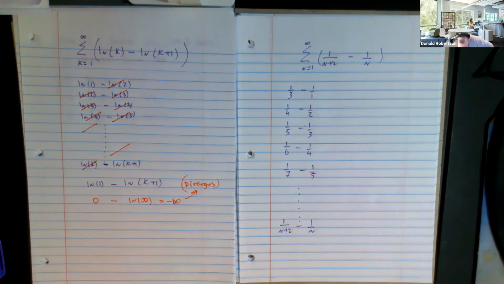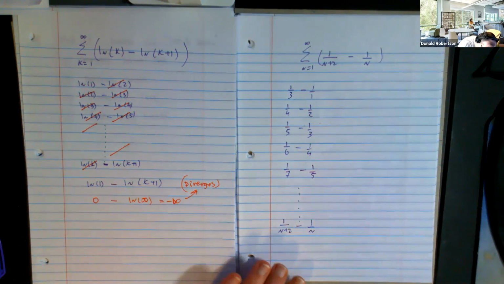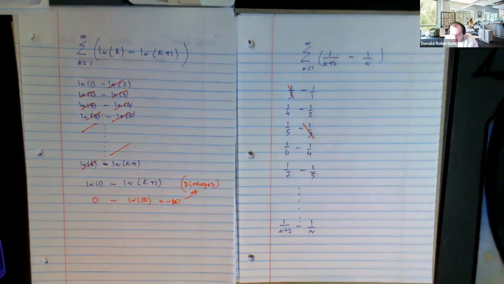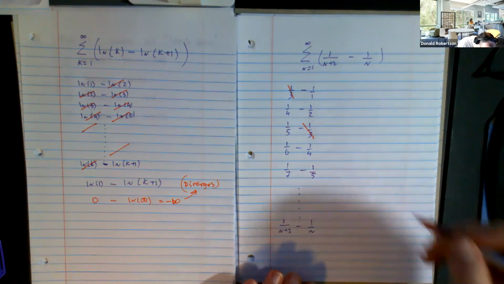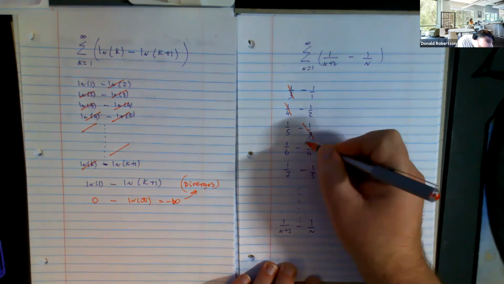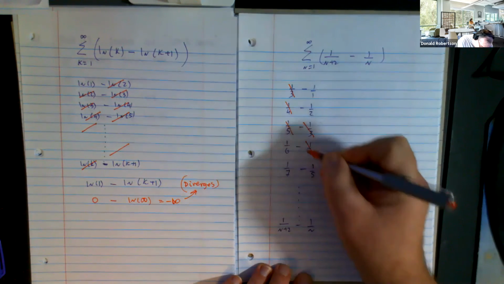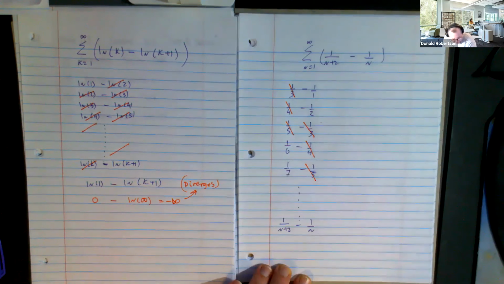Okay, let's see who gets killed. Won't that 1/3 later on get killed by that negative 1/3? Won't this 1/4 later on get killed by that negative 1/4? Doesn't this 1/5 get killed off by that negative 1/5?